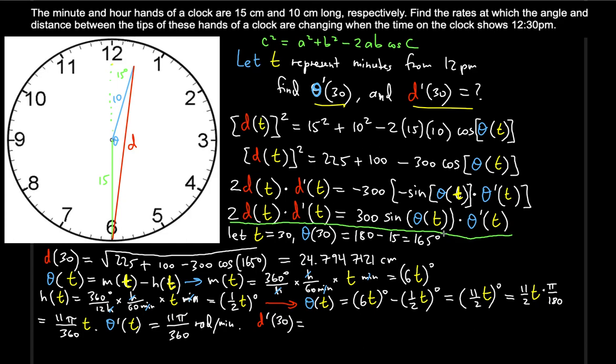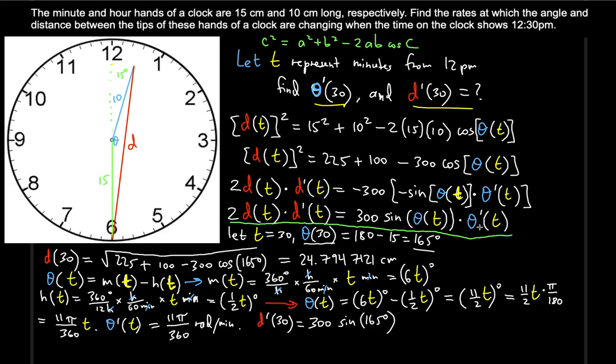is equal to this thing, 300 sine. Now, theta of 30 was what? Right here, right? So theta of 30 is 165 degrees. We found that. So let's solve. So 300 sine of 165 degrees, because that's the theta of 30.